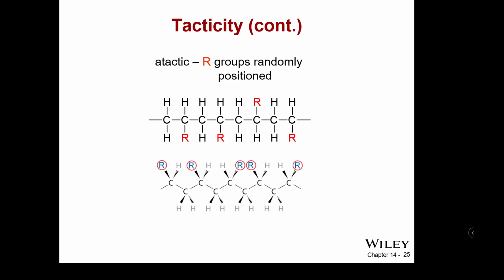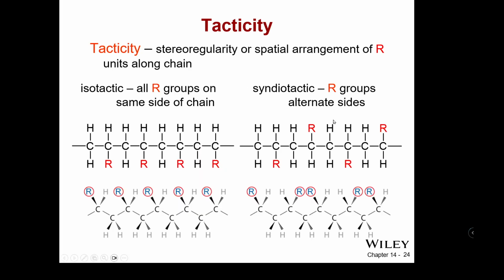Syndiotactic means the R groups are alternating, which means they become next to each other, sort of, except these are actually on the opposite side of the chain.